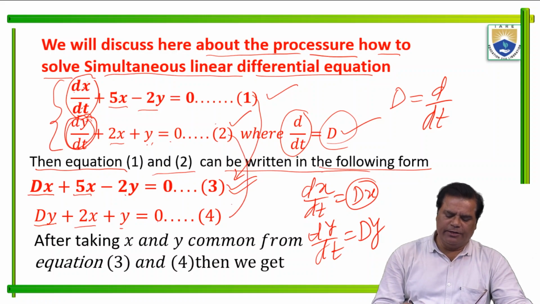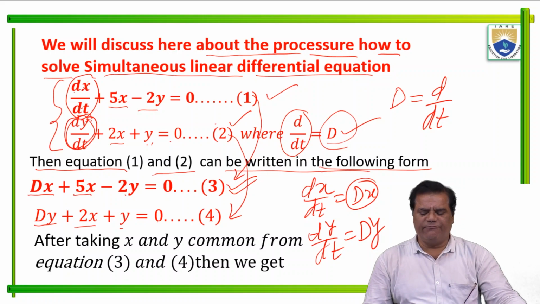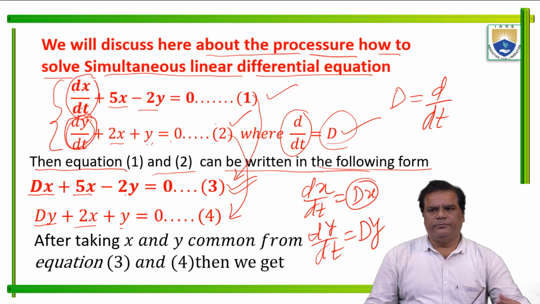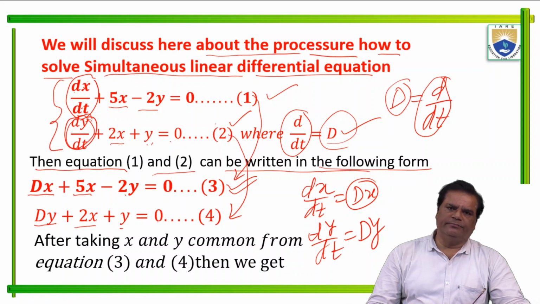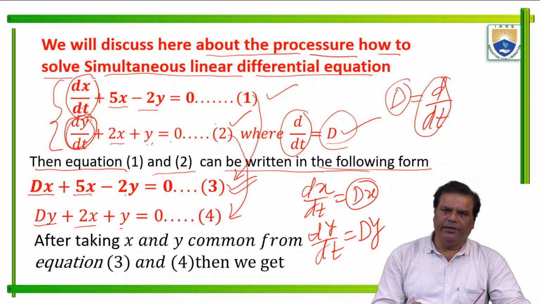Equation 2 converts into equation 4 after putting operator D in place of d over dt. Then we can write equations 1 and 2 in the form of equations 3 and 4.